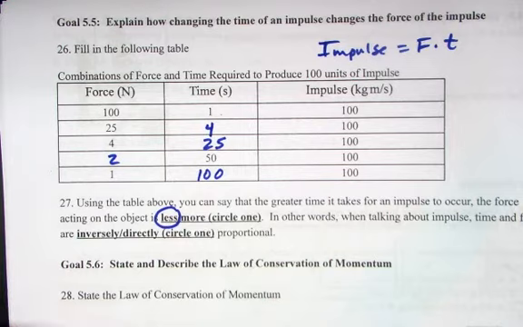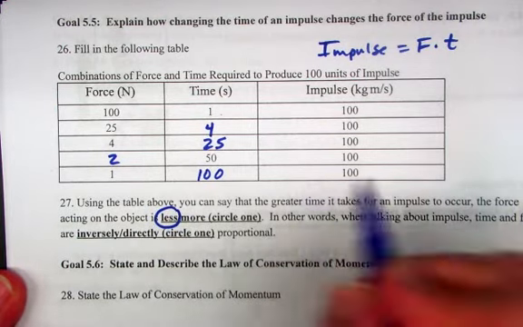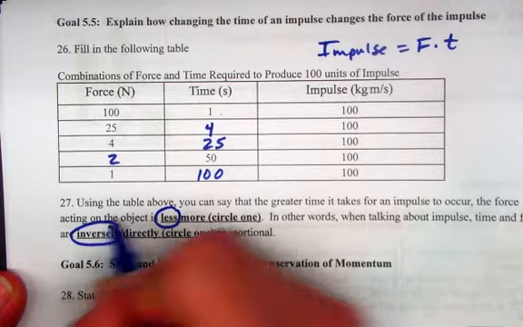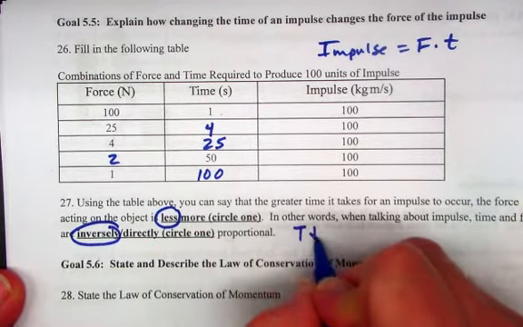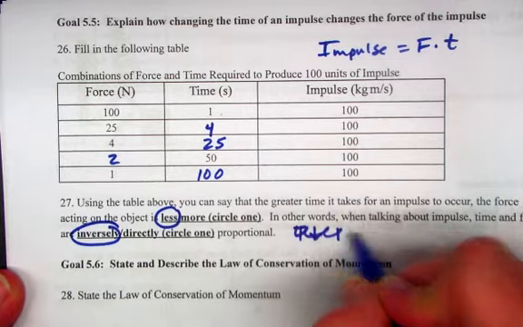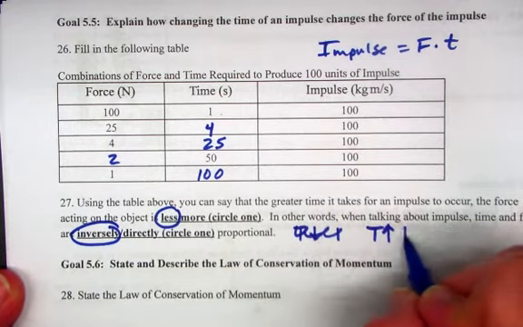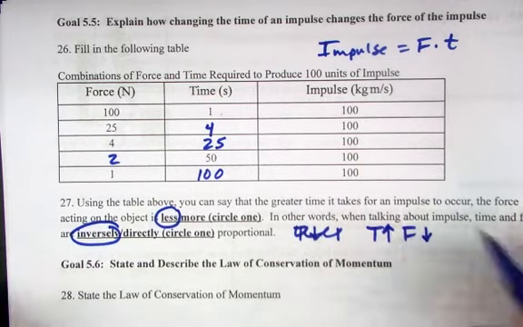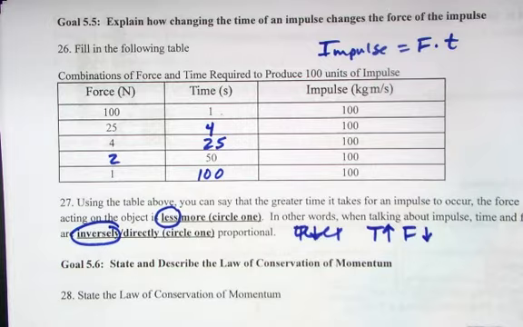In other words, when talking about impulse, time and force are inversely related, because the way we did it is time goes up, force goes down. So we got the opposite arrows, so we know that's inverse.